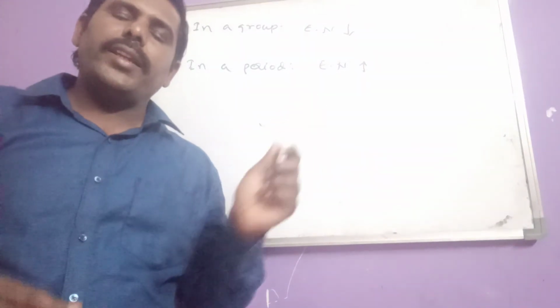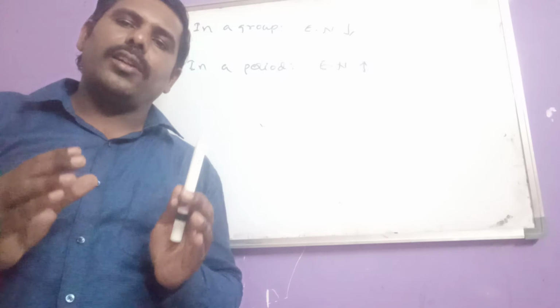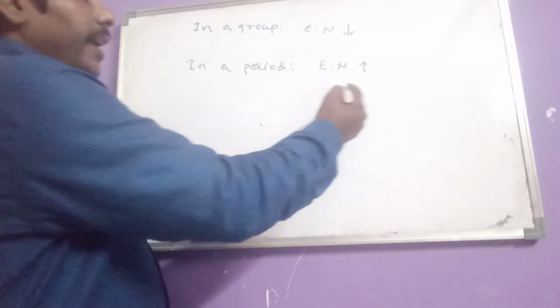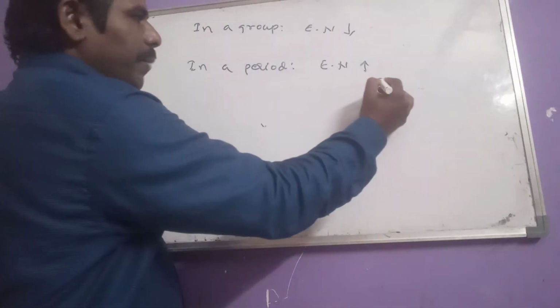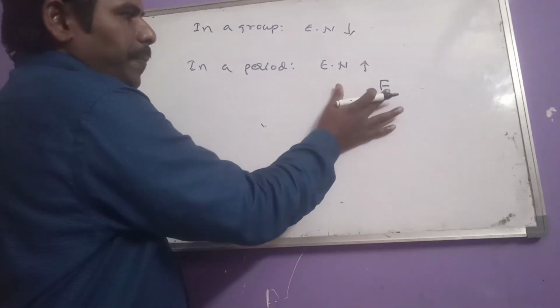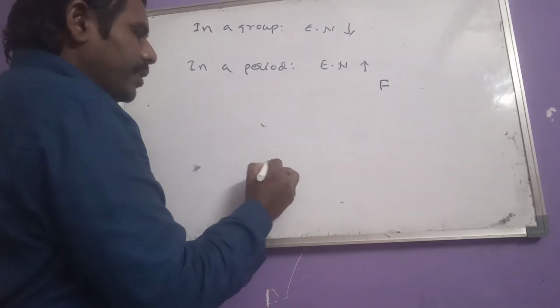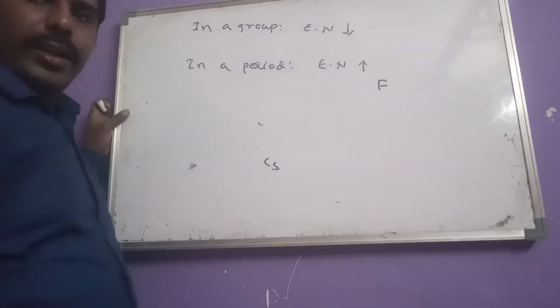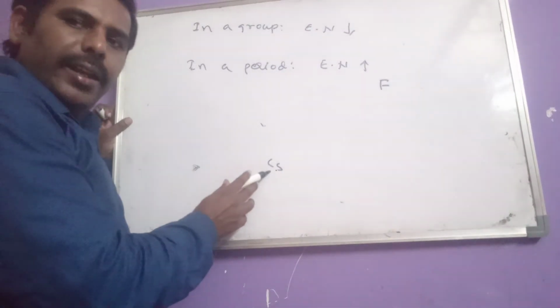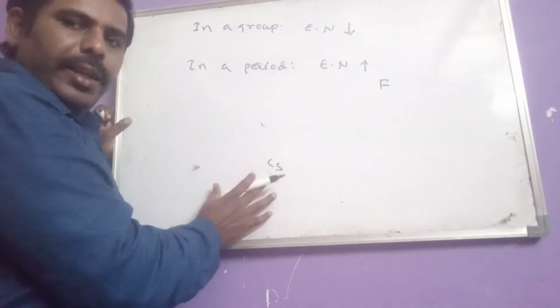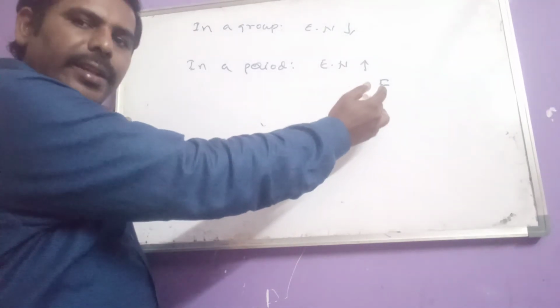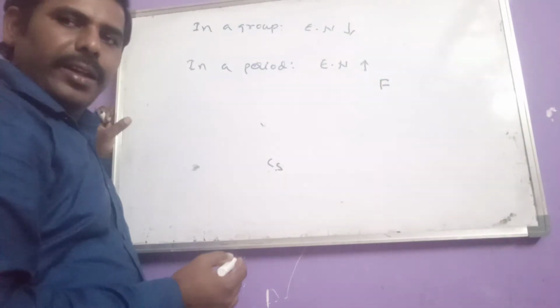So based on these two assumptions, one can conclude that in the periodic table, the top right corner contains fluorine and the bottom left contains which one? Cesium is present at the bottom left of the periodic table, fluorine at the top right.